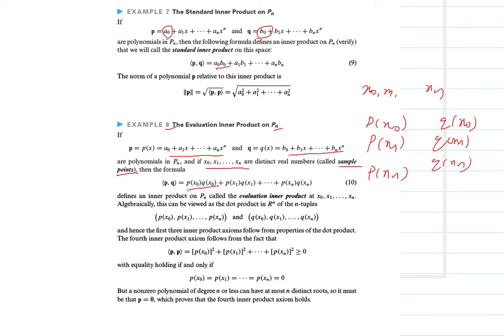Now first one is p of x0 into q of x0, plus next p of x1 into q of x1 plus etc. last one is p of xn into q of xn. This also defines an inner product and this is called evaluation inner product at the points x0, x1 etc. xn.